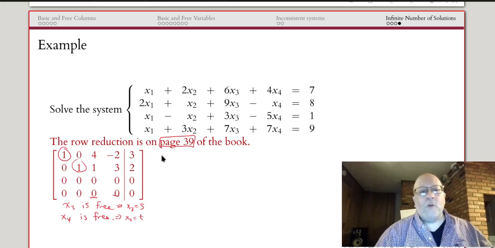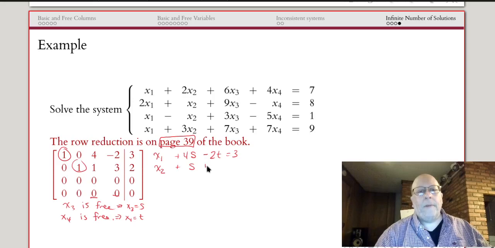And so the first equation will read as x1 plus 4 times s minus 2 times t is equal to 3. The second equation is x2 plus 1 times s plus 3 times t is equal to 2. And I have equations now for x1 and x2.